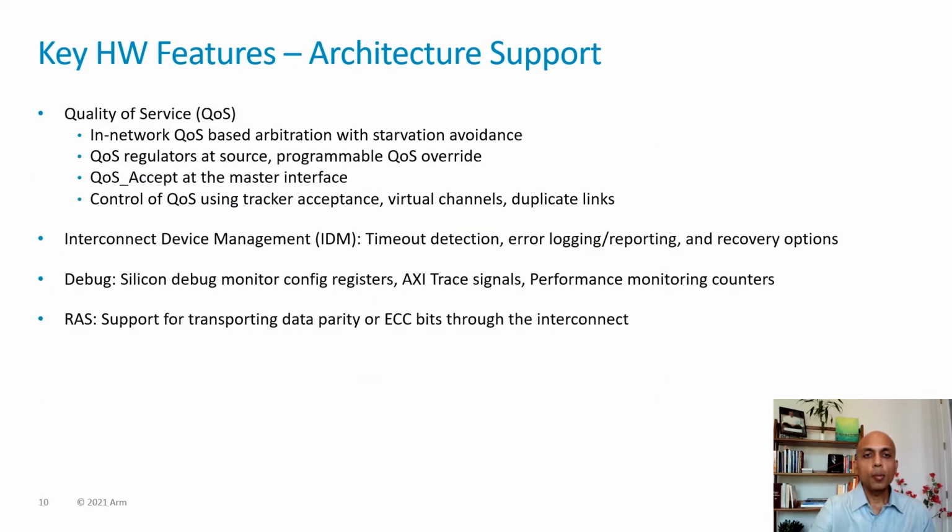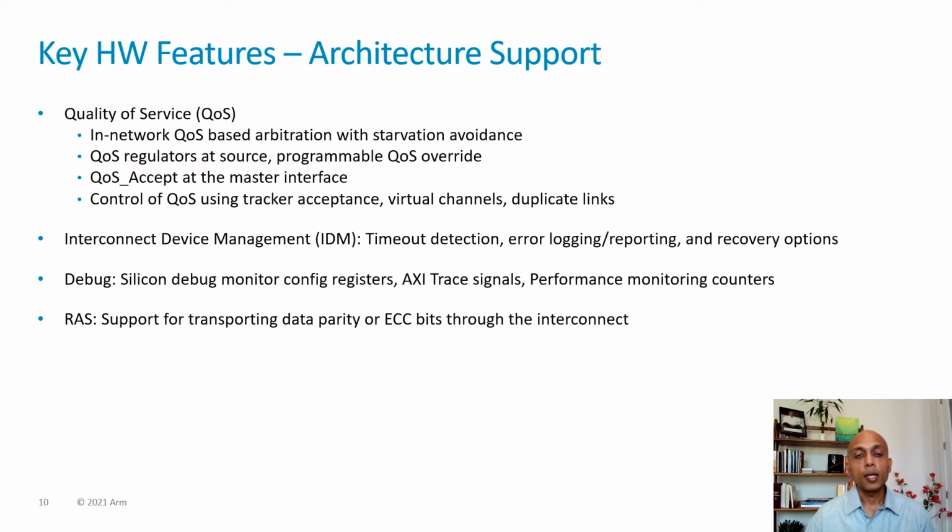Now looking a little more into the architecture support, we have robust support for quality of service. In an interconnect which can support so many interfaces, master and slave network interfaces, maybe supporting different traffic classes and priorities, quality of service becomes a very key feature.